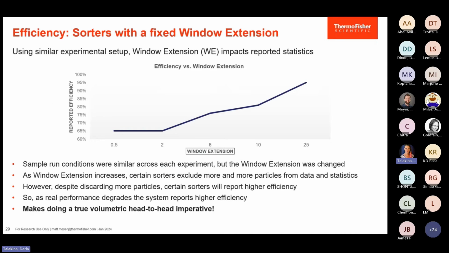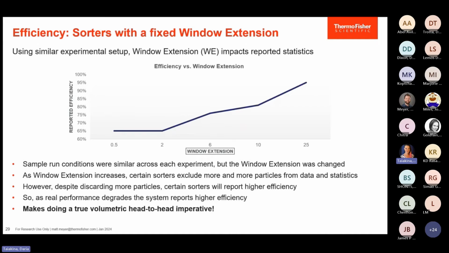This is just an example of that: where you have the window extension and how it impacts the reported statistics, going from a window extension of 0.5 microseconds up to 25 microseconds, you can see the increase in efficiency. That's basically because you're extending the amount of time it's processing, and as events get closer and closer, it's just going to start throwing those events away and not processing them. So it doesn't really hurt your efficiency, it really just gives you a better efficiency because you're just having more hard aborts in this case.